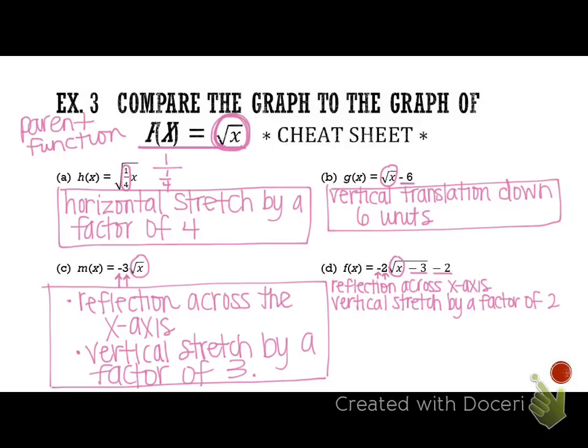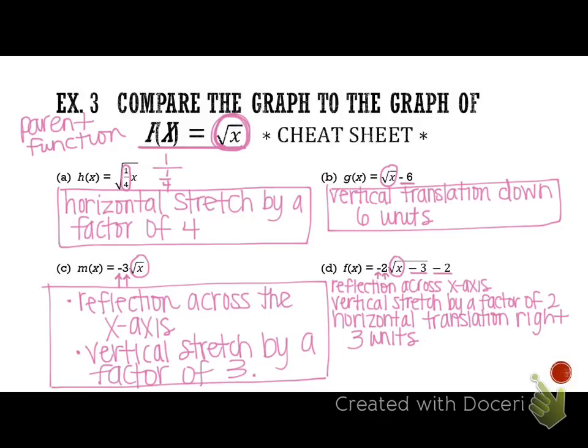So being done just to x, they have subtracted 3, which takes us to a horizontal translation. And be very careful, because when we see -3, we would think left, but remember with horizontals, it's the opposite of what we see. So a horizontal translation, actually right 3 units.